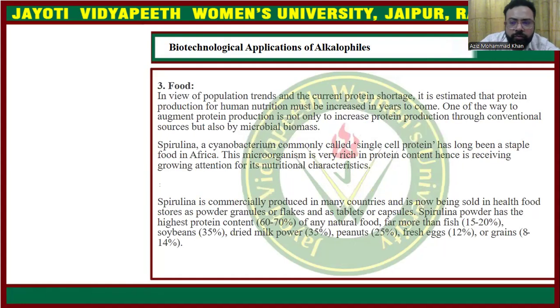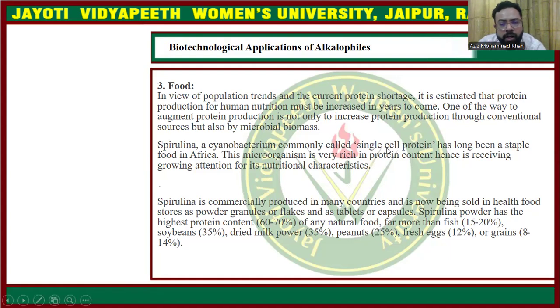Next is food. These alkalophilic bacteria have also been used in the food industries. The major population is turning to good foods. Protein-rich food and protein production for human nutrition must be increased in years to come, and one way to augment this is by increasing protein production.